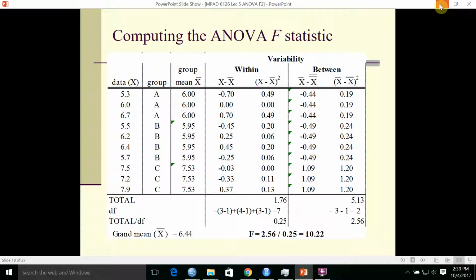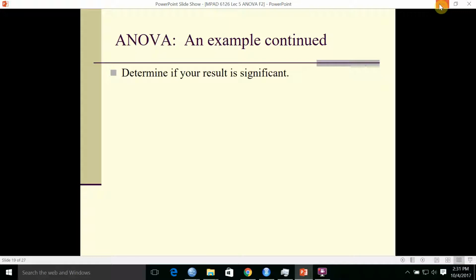So we now know that the F value is 10.22, and our alpha critical value in the F table was 4 something. So is it significant? The answer is, of course, yes.